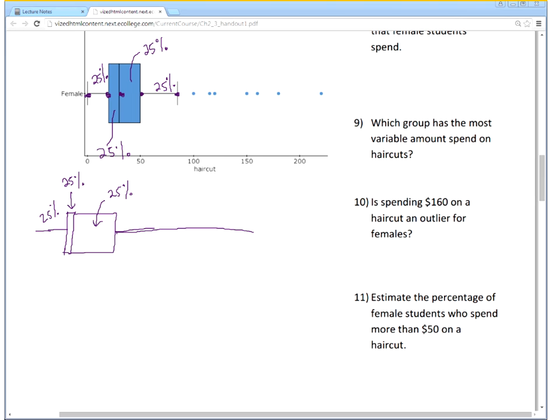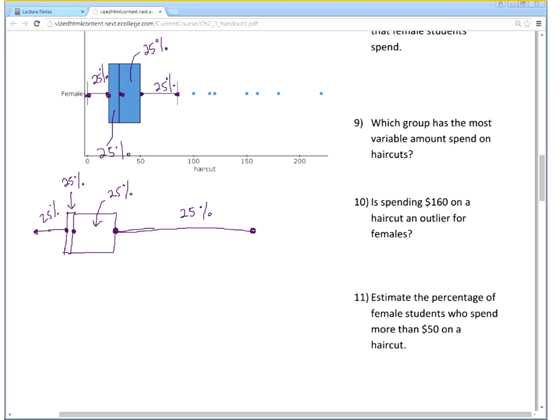Even if this extended all the way over here, it's still 25%. So the shape of the box plot doesn't determine the percentage. It's just where the 5-number summary is. Okay, so it has to be from the minimum to the first quartile, from the first to the second, from the second to the third, and from the third to the max.